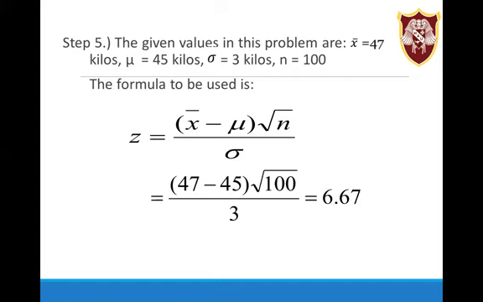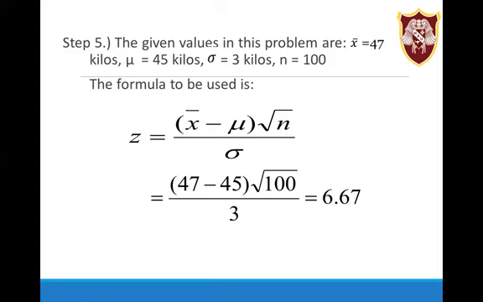We use the first formula under z-test since we are comparing a sample with that of a population. So we have the quantity sample mean minus the population mean multiplied by the square root of the sample size divided by the population standard deviation. And the computed value that we get is 6.67.